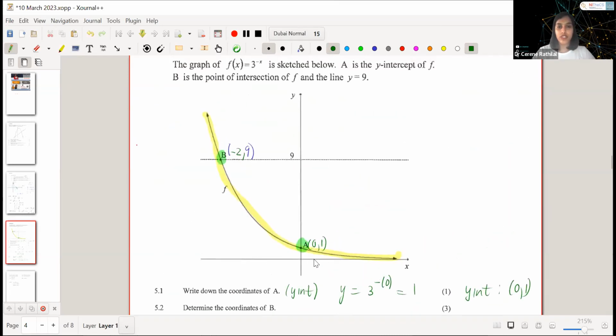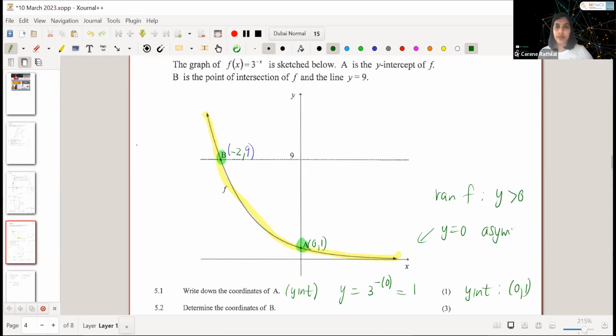Remember, the range here, this exponential graph, does not equal 0 at all. It approaches y equals 0, but it will never attain a value of y equals 0. Y equals 0 is an asymptote. And therefore the range of f was all y bigger than 0.